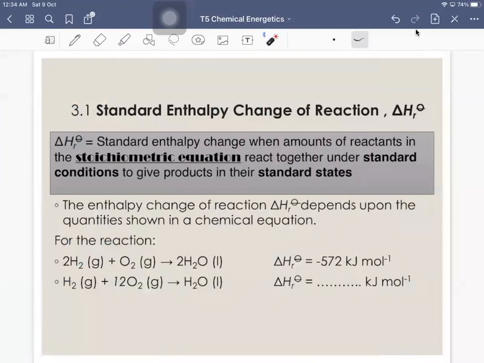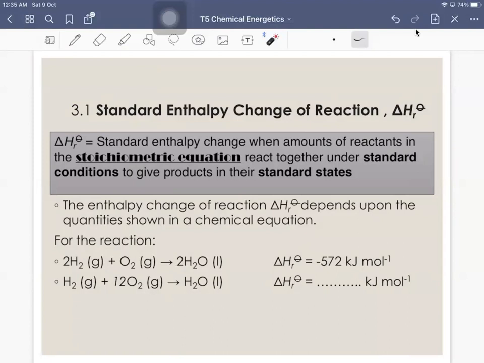Standard enthalpy change of reaction. So this is the enthalpy change of any reaction. It's very general. The definition is when amounts of reactants in the stoichiometric equation react together under standard conditions to give products in their standard states.